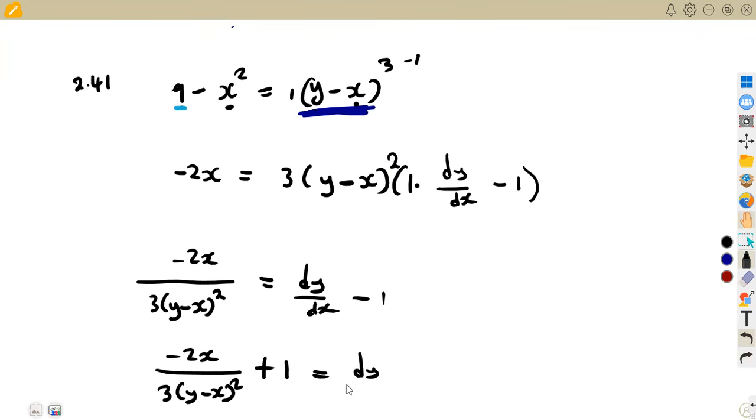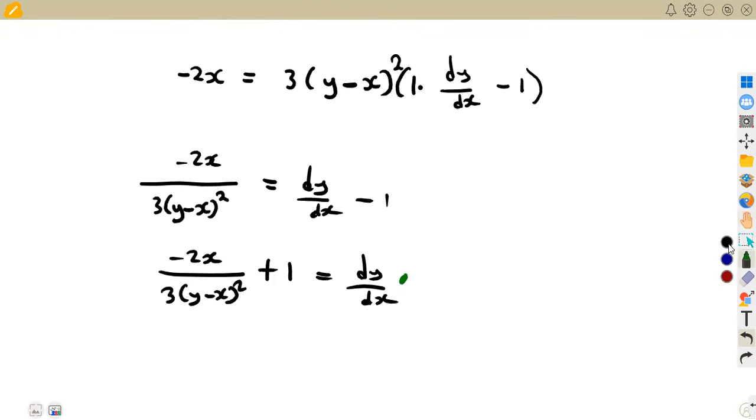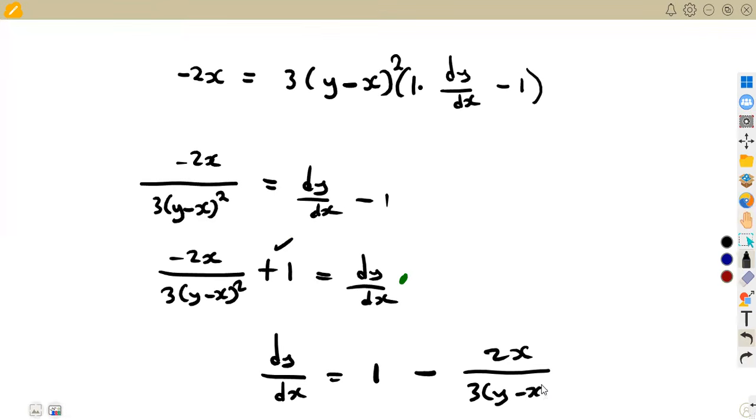So this gives us our dy/dx, which we can rewrite in a way that is understandable. We can write dy/dx is equal to, we can even start with a positive, 1 minus 2x over 3 into y minus x squared.